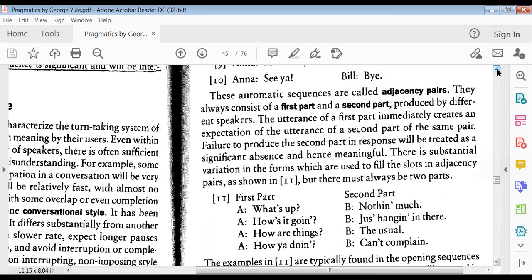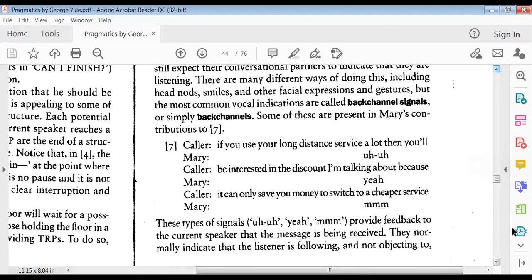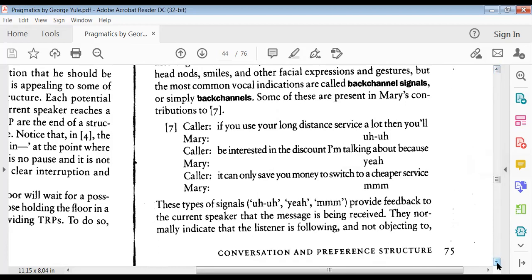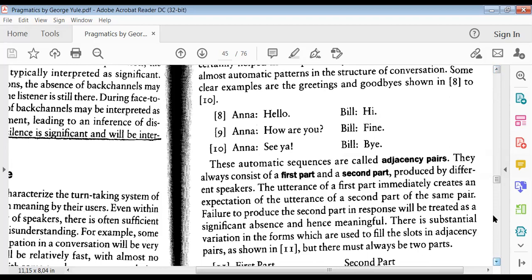So speakers are likely to provide automatic responses to many expressions which require formulaic responses. Look at these examples: greetings and goodbyes.